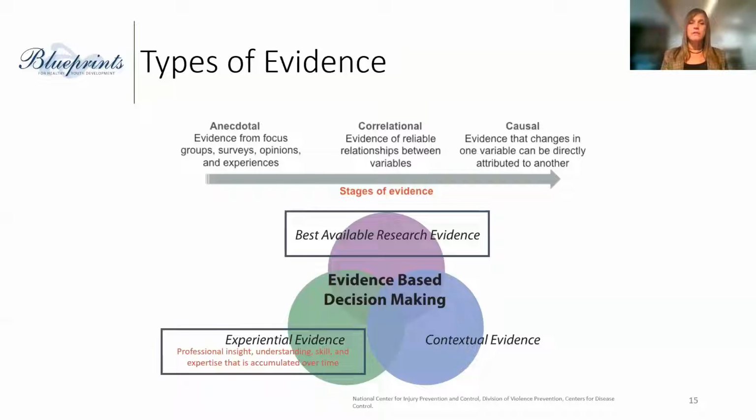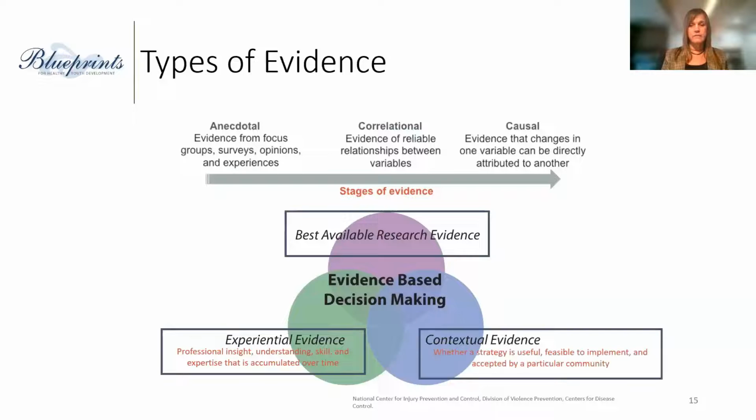Another is what we call experiential evidence, and that's where you come in. This is your professional insight, your understanding of research, your skills, and your expertise that is accumulated over time when it comes to making a decision generated by evidence. And then we can't ignore contextual evidence.